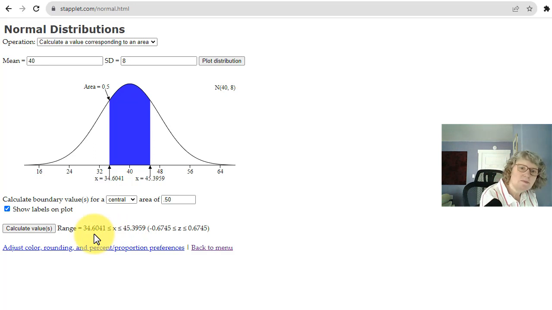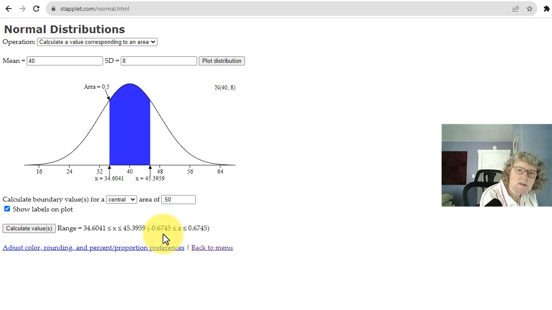So it's between 34.6. I'm going to round because we wouldn't measure rainfall probably that accurately. 34.6 to 45.4 inches. And then I'm going to look, the z-score negative 0.6, so that's about right there.